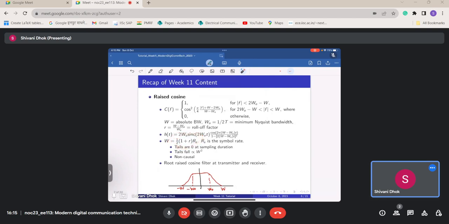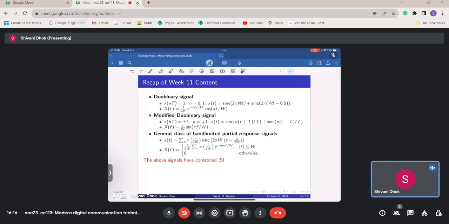So now the issue is how to have a better rate but still have less ISI or some controlled ISI and have a good performance. That can be done by considering a controlled ISI approach, and in that case we looked at two different conditions. One was the duobinary signal and another was the modified duobinary signal.